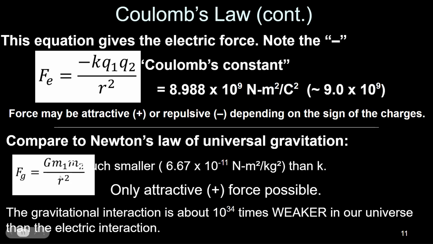So you can see the fact on the bottom, but if the share screen is cropping it out, it says that the gravitational interaction between two objects is about 10 to the power of 34 times weaker in the universe compared to the electric interaction between two objects, whether they have the same mass or same charge. Okay.